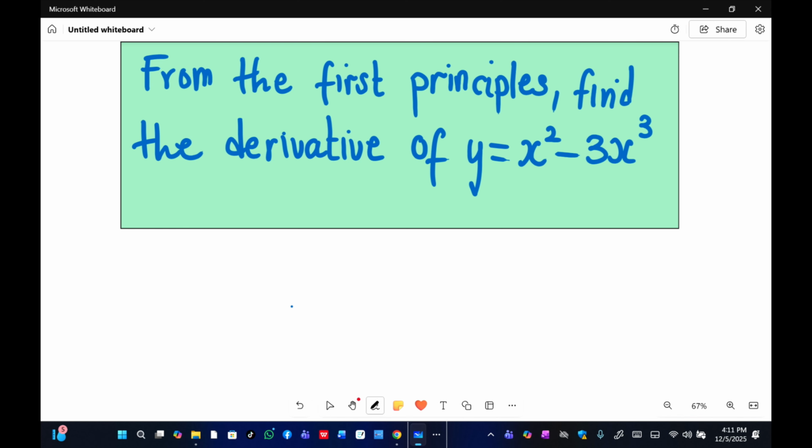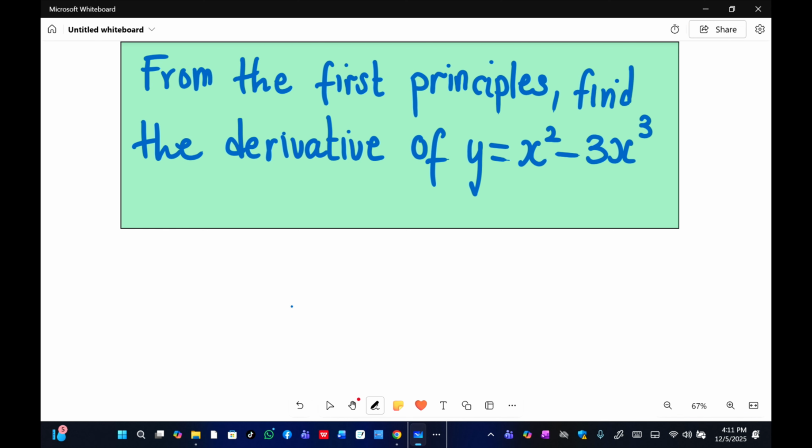So let us start with the x plus h all squared. So let me take that one first. x plus h all squared is equal to x plus h multiplying x plus h. So we are going to get our x squared plus 2xh plus h squared.